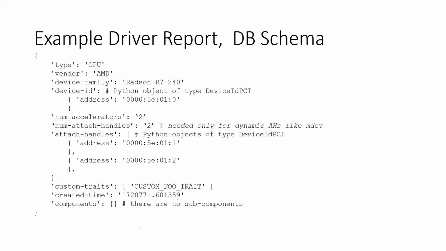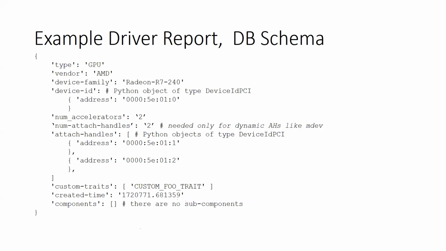Question, Sundar. So for the custom traits, the specific vendor-specific device can define as many as they want, right? Yes. Okay. So this trait can be consumed by the Cyborg framework.